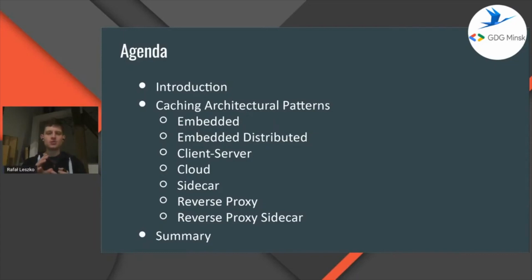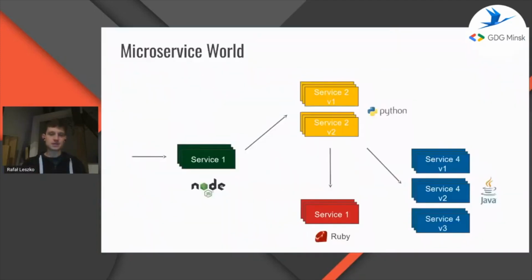Because you most probably use caching in your system, and you must use one of these patterns because this list is complete. And the second thing I would like you to think about is, would it make sense for my system to change to any other pattern? Would it make sense to change the topology of my caching?